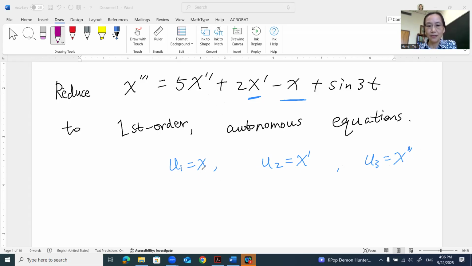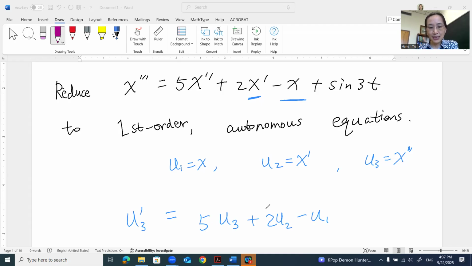We call it U1 from now on. So as you can see, the right-hand side of the third order becomes, the x becomes U1. X derivative becomes U2. Second derivative becomes U3. So then the third derivative will be U3, first derivative.